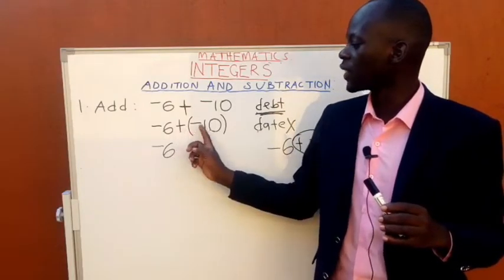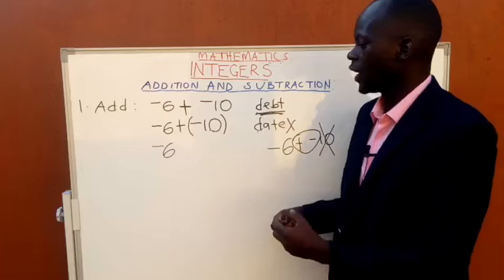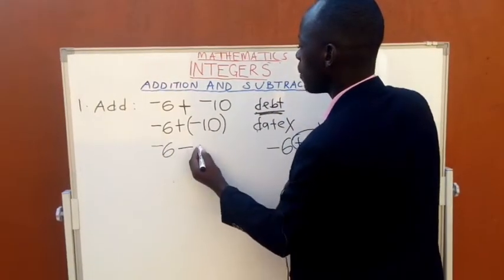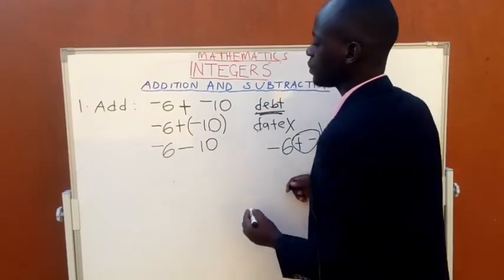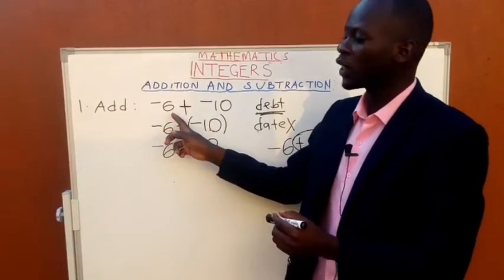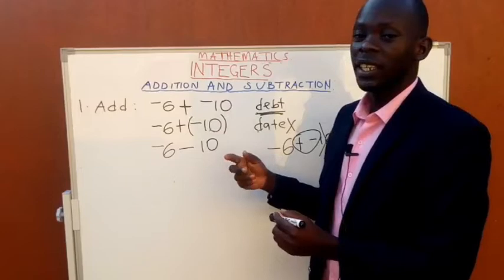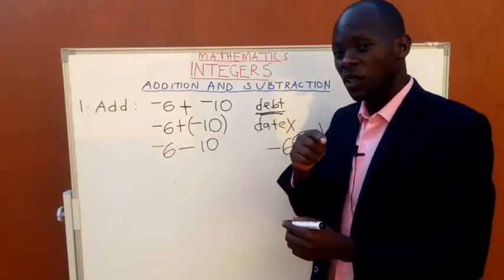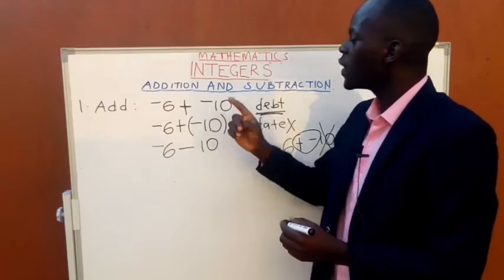These are different signs, so it should give us a negative. So this is now minus 10. But remember, from my explanation, if you already have a debt of 6, you go and add a debt of 10, the debt must always increase.